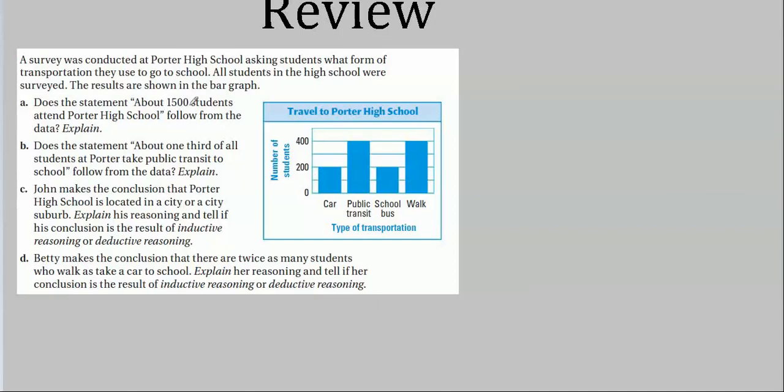Not these, not any. Does the statement that 1,500 students attend Porter High School make sense, considering the data? Well, how would you interpret this?